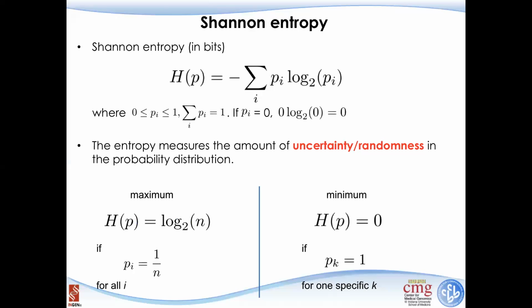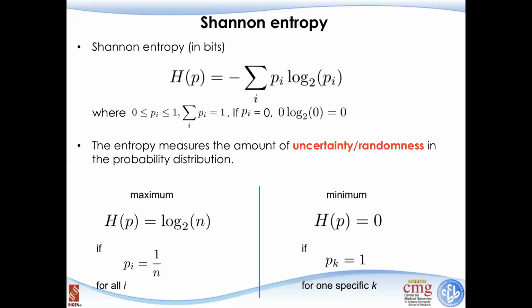However, in our case, when we compare DNA motifs, we have four nucleotides, ACGT, to compare. If they are evenly distributed, with each one having a frequency of 0.25, then we get a Shannon entropy of 2, right?